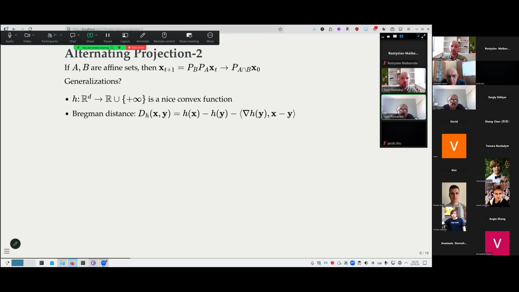Maybe you know something extra about your problem, and for this particular problem you need to play with the function h that you introduce. So for instance, we can now introduce the Bregman projection, not the Euclidean projection as before, and we will use a capital P. It minimizes not the Euclidean distance, but the Bregman distance. It's a convex problem, as before.